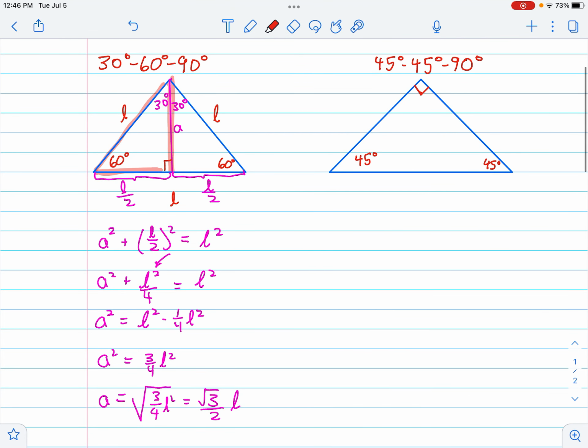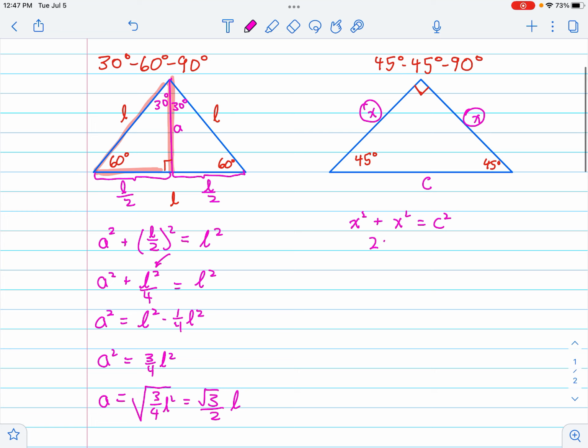Now for a 45, 45, 90, let's suppose that we've got the hypotenuse down here, and I'll call the hypotenuse c. And I will call the sides here x, because these 45-degree angles are congruent, so the sides opposite are congruent. Let's use the Pythagorean Theorem. We've got x squared plus x squared equals the hypotenuse squared.